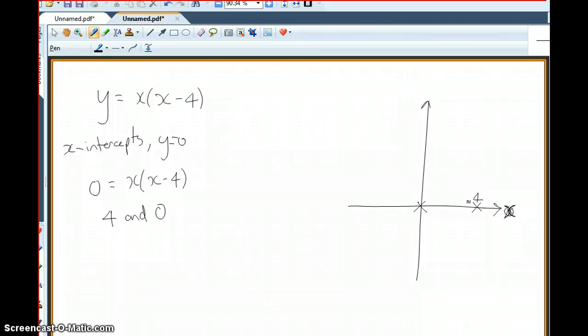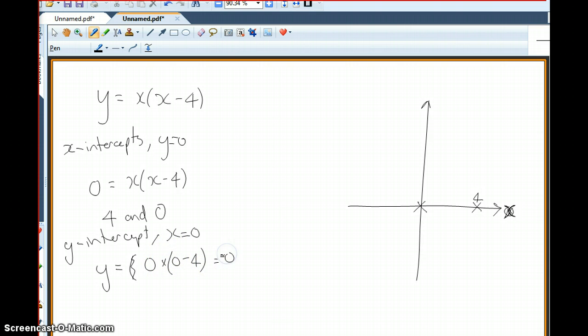Next step, I found the x-intercepts. I now need to find the y-intercept. How do I do that? Make x 0. Can you see what the answer is going to be? It's going to be 0, isn't it? 0 multiplied by 0 minus 4 equals 0.